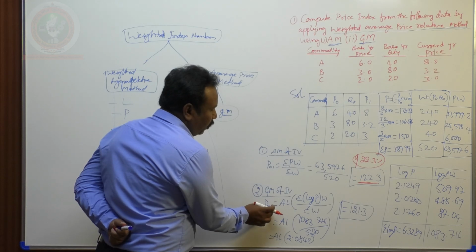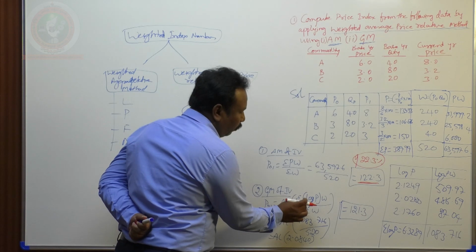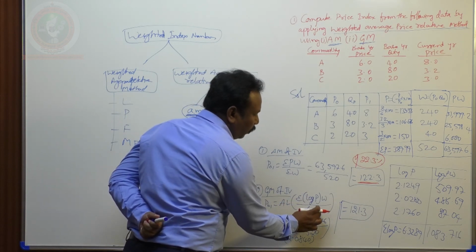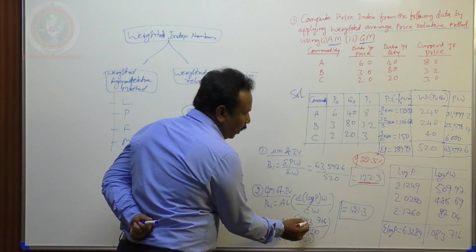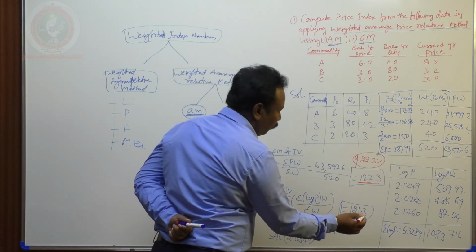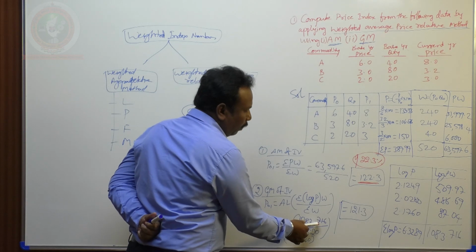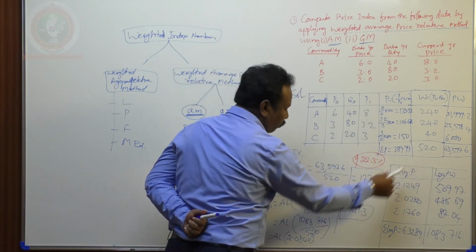Your index value under geometric mean is the anti-log of summation of log P into weights divided by summation of weights. So anti-log of log P into W, 1083.1761, divided by summation of weights, which is 520.